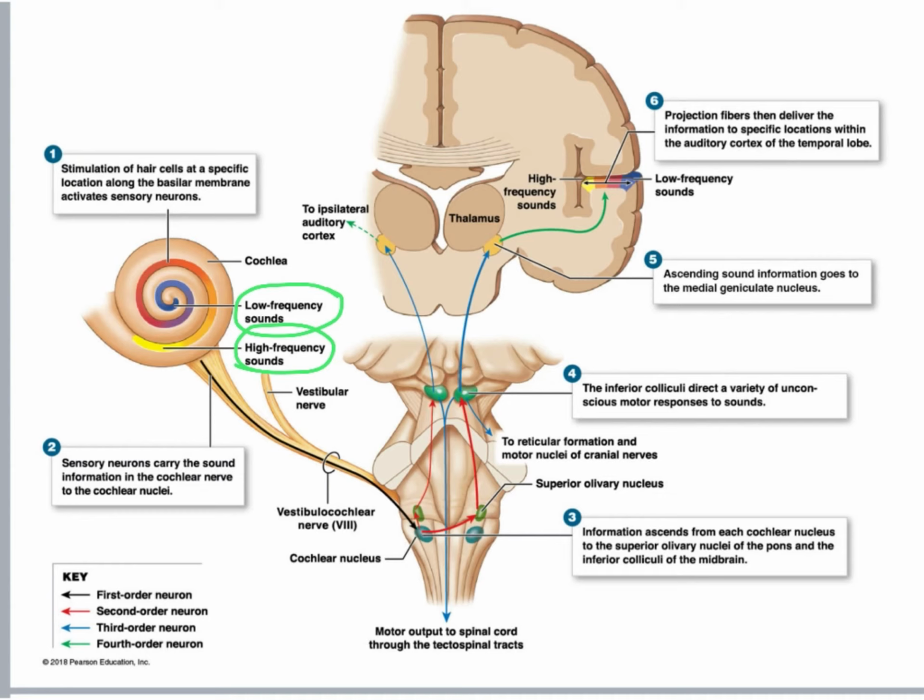Now, this auditory information in the form of action potentials travels through the auditory branch of the vestibulocochlear nerve back towards the brainstem, and it connects with the mesencephalon, which is involved in auditory reflex and sound localization.